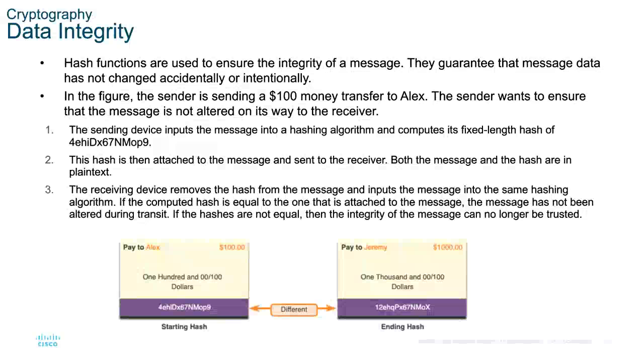So in the example here, we've had a paycheck altered. Originally it was pay Alex $100, now it's pay Jeremy $1,000, and the hashing you can see is quite different as the information has changed, and this means the information has been invalidated and they will not take action on it.